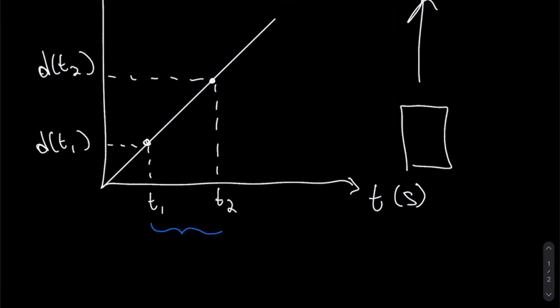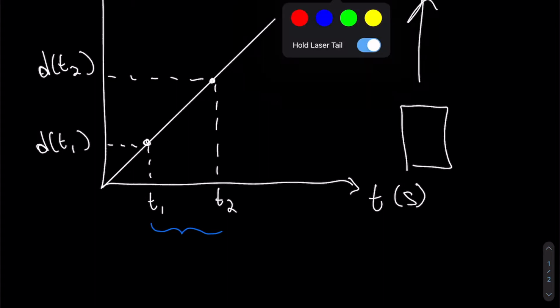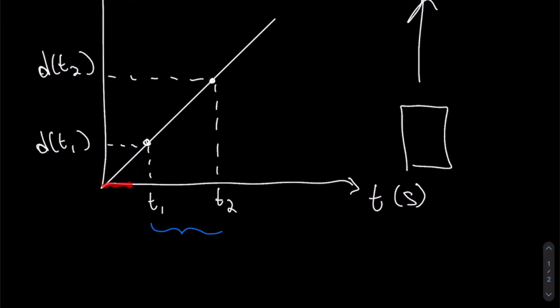So this distance here is how much I've changed in time. And you can see that because this whole length from 0 to t2 is length t2, if I subtract this length t1, then I'll be left with this distance here. So this distance, which we call the change in t, equals t2 minus t1.